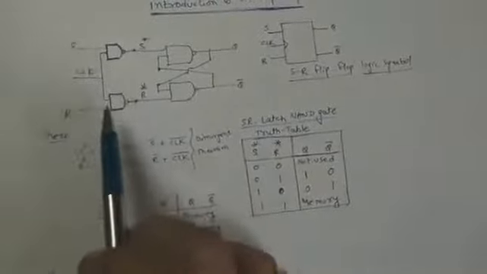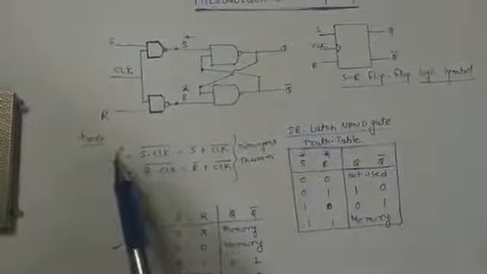Fine. Now to understand the working of this SR flip-flop, let us start with the clock equal to 0. It means in the very first step, step 1, there is no clock being applied to this particular circuit.